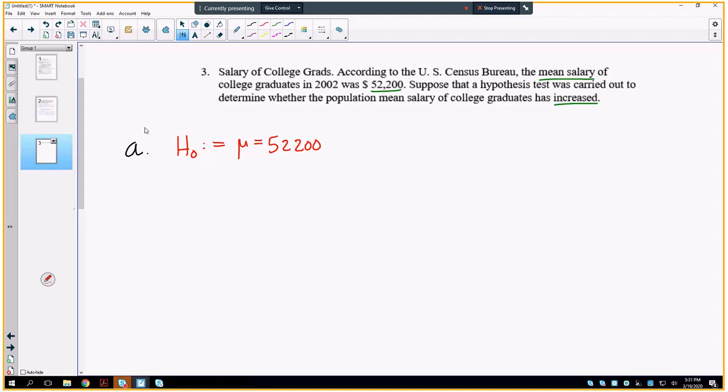Then the alternative hypothesis should be, the problem tells us we want to see if it's increased, so greater than. Alternative hypothesis, the mean is greater than 52,200. So that's a right-tailed test. All right.